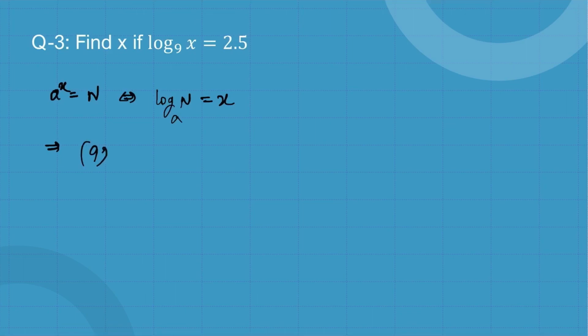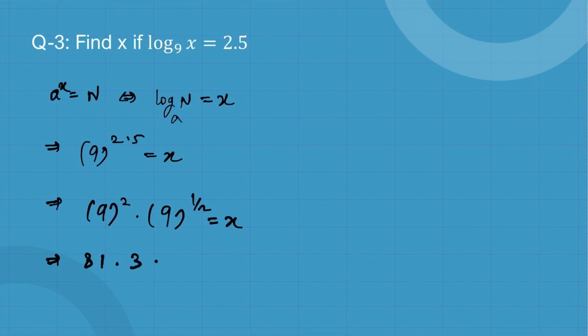So 9 raised to the power 2.5 will be equal to x. It can be written as 9 squared into 9 raised to the power half is equal to x. 9 squared, that is 81, 9 raised to the power half, that is 3, will be equal to x. So the value of x will be equal to 243.